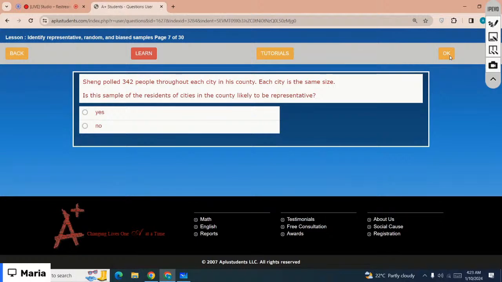Because the cities are the same size, right?